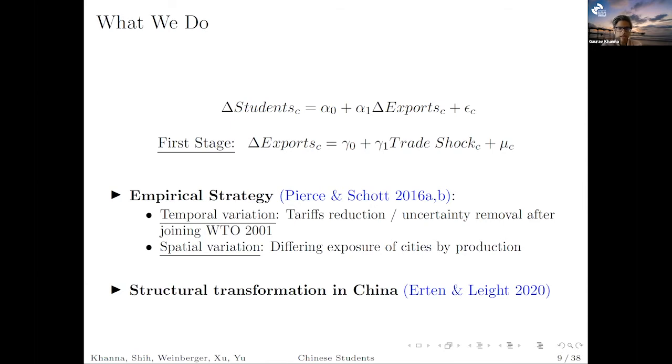And so Erten and Leight essentially show how export growth in China led to a structural transformation in these cities, where people shifted out of agriculture and there was a huge increase in income. So it's a really important paper that I encourage everyone to read. But we're essentially going to borrow this identification strategy for our purposes here, right?